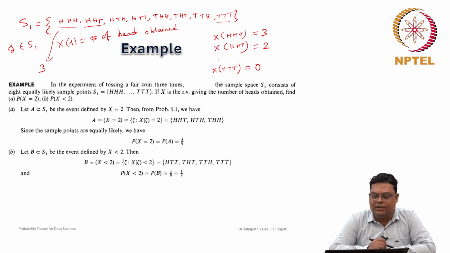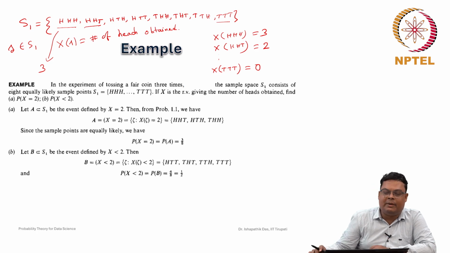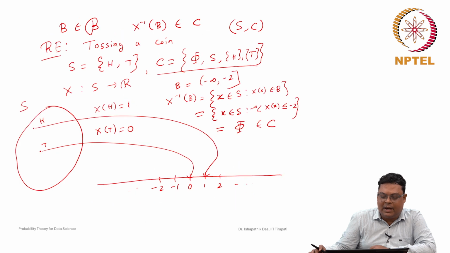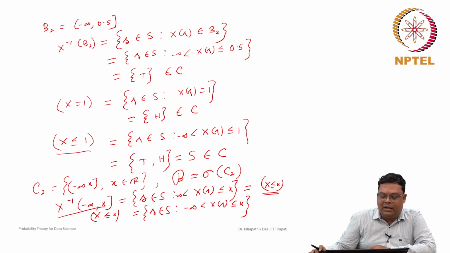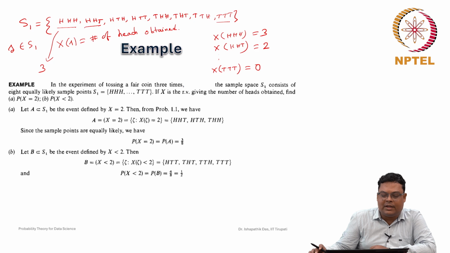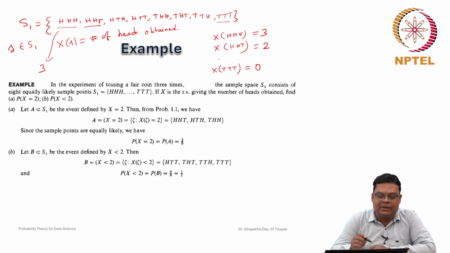It can be easily shown that it is a measurable function. You can check it, and we have already discussed what a measurable function is and how to check these things. Now, by a measurable function we can define the event. What is an event? An event is a subset of the sample space that belongs to that sigma field.